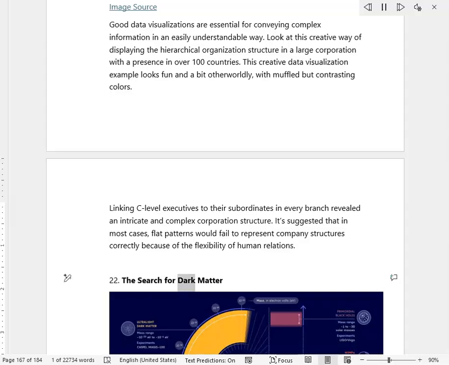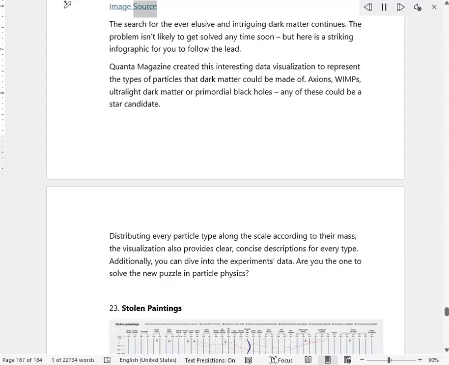22. The search for dark matter. Image source. The search for the ever-elusive and intriguing dark matter continues. The problem isn't likely to get solved anytime soon, but here is a striking infographic for you to follow the lead. Quantum magazine created this interesting data visualization to represent the types of particles that dark matter could be made of: axions, WIMPs, ultralight dark matter, or primordial black holes.